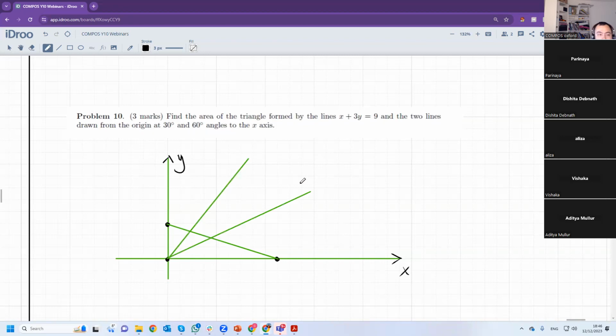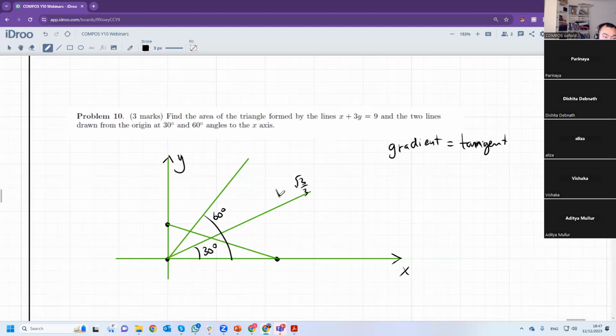Well, what you need to remember is the gradient. Gradient is the tangent. So what's tangent 30 degrees? Dennis, what's tangent of 30 degrees? Yes, √3/3.